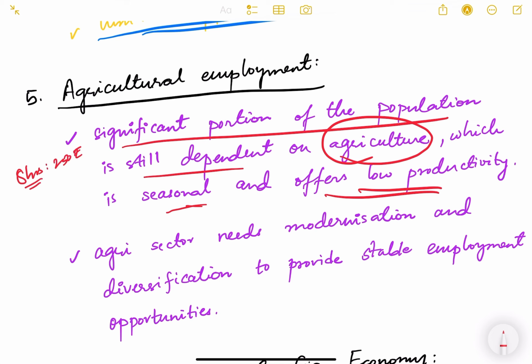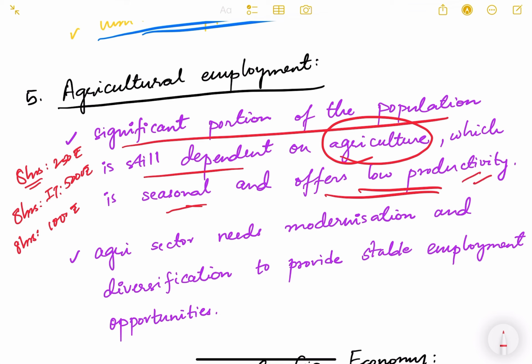But if the same person is working 8 hours a day in the IT sector, he may be earning say 5,000 rupees per day. So there is a difference between the productivities, the value that he or she is creating in the economy. If the same worker is working 8 hours a day in some manufacturing industry, maybe he gets 1,000 rupees per day. So this is the difference in productivity.